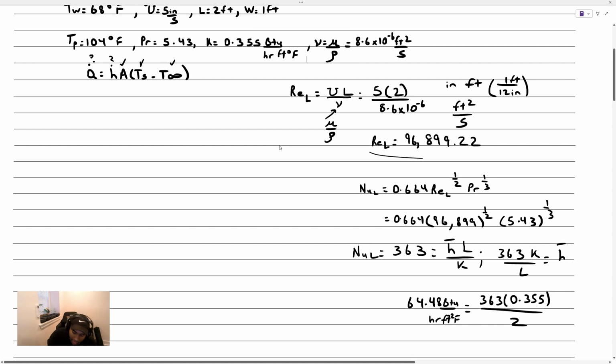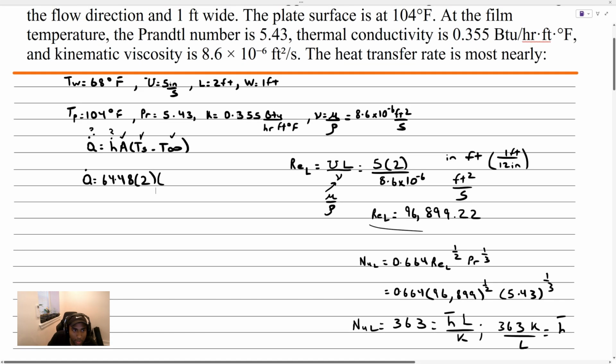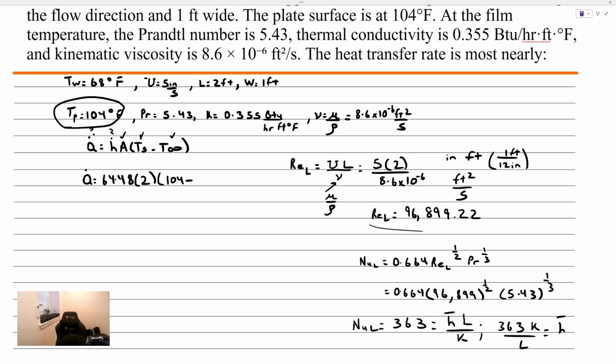Let's go ahead now and plug into Newton's law of cooling to find that Q dot is equal to 64.48 times the area. It's 2 by 1, or 2 square feet. Ts, the surface temperature of the plate, was equal to 104 degrees. That's this right here.